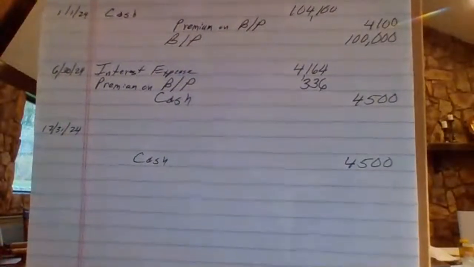I'll do the next one for the December 31st. And again, we have the cash payment of $4,500. Interest expense.